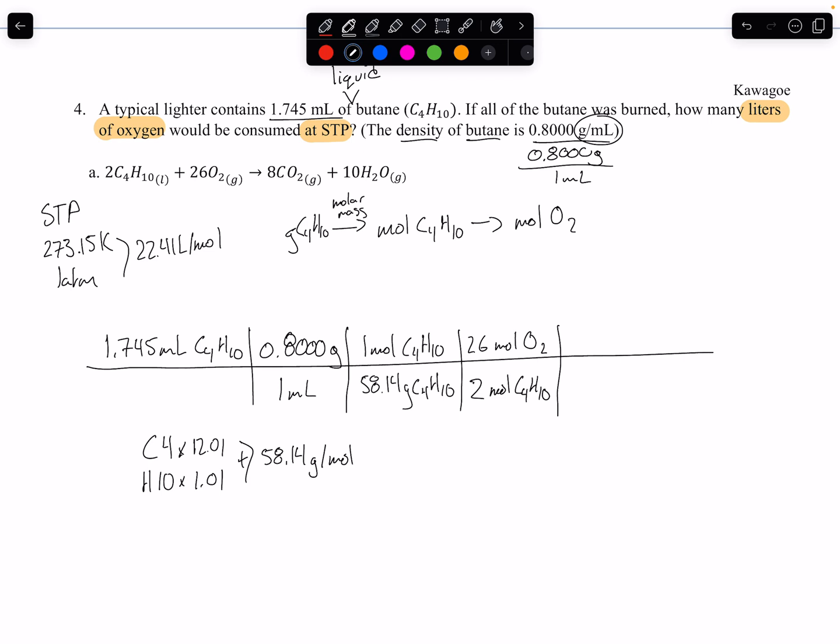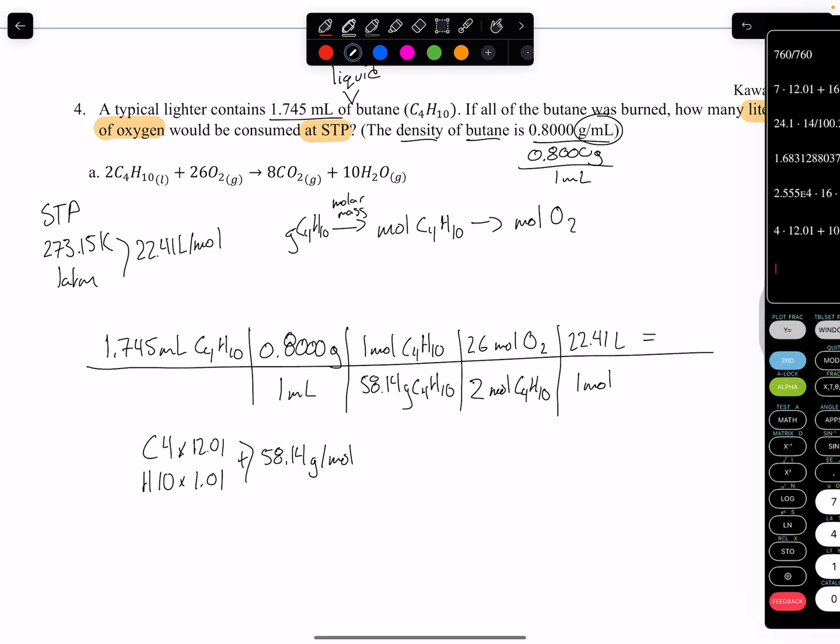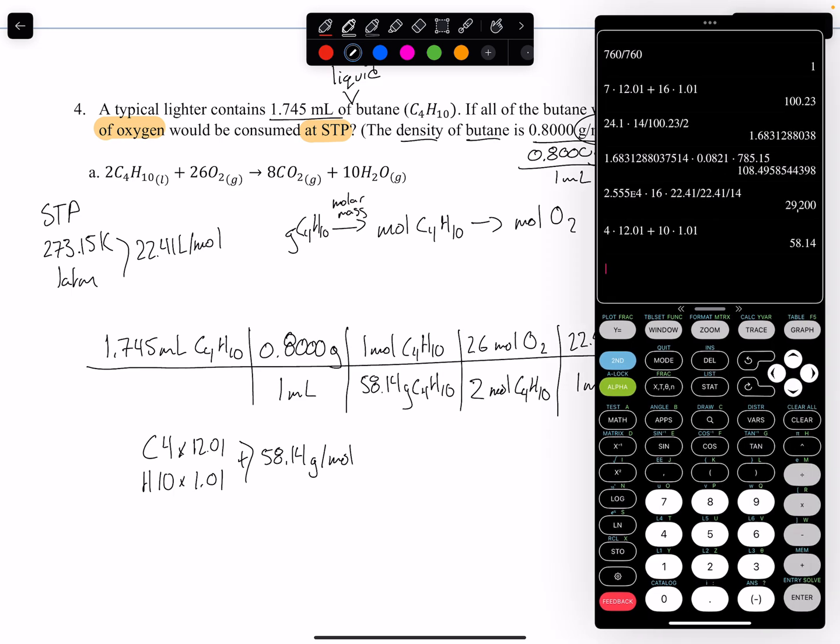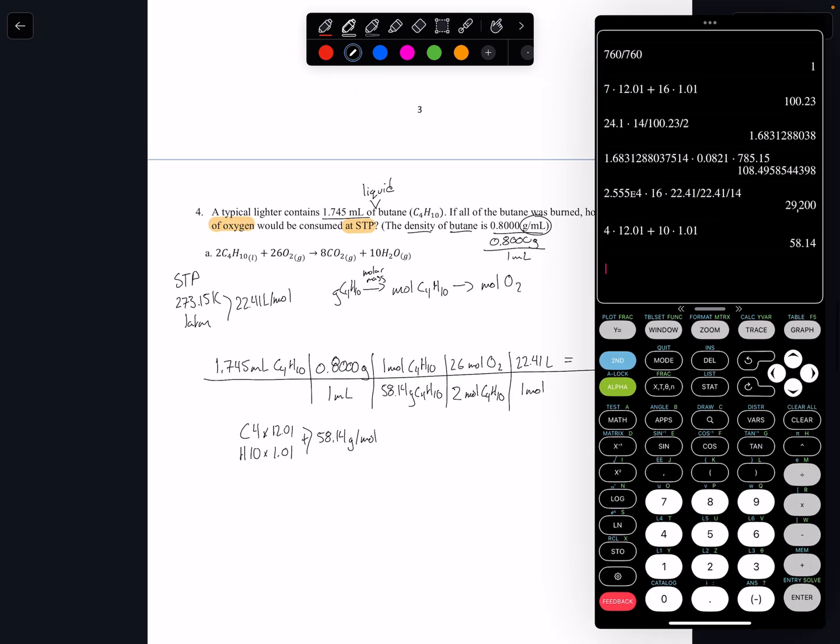This is why you can't just memorize steps, because we don't want grams of oxygen. We want liters of oxygen. And again, we can look back to the fact that we're at STP and use 22.41 liters per mole. So I have 1 mole on the bottom because I want to cancel out moles, so 22.41 liters on top. And once we calculate this out, that should give us the final answer.